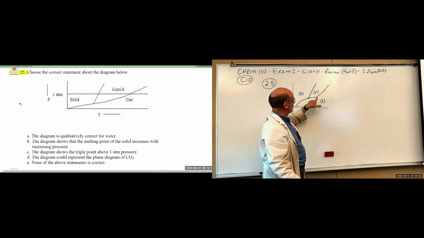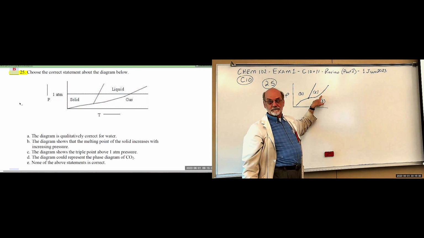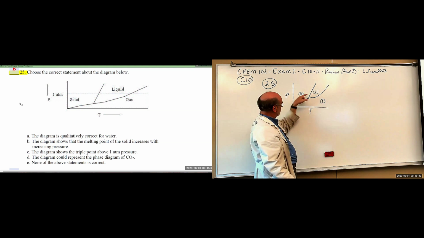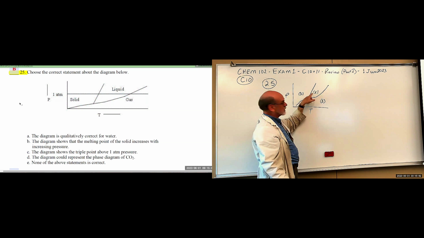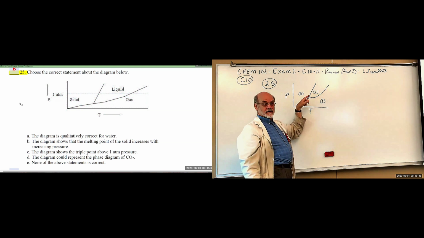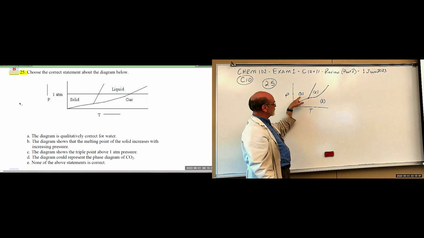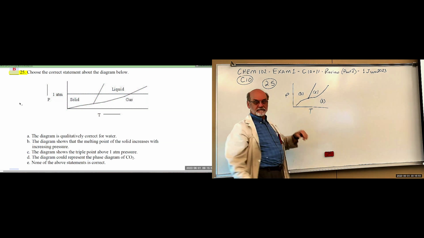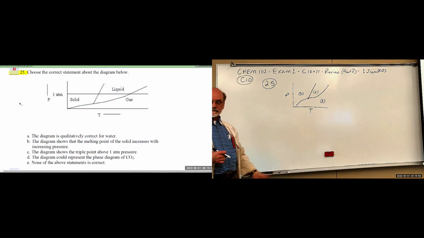Anywhere along that line, the temperature and pressure will give you liquid and gas at the same time. Anywhere along this line, solid and liquid can occur at the same time. And for this line, solid and gas can occur at the same time for this temperature and that pressure. Okay, that's how to read it.